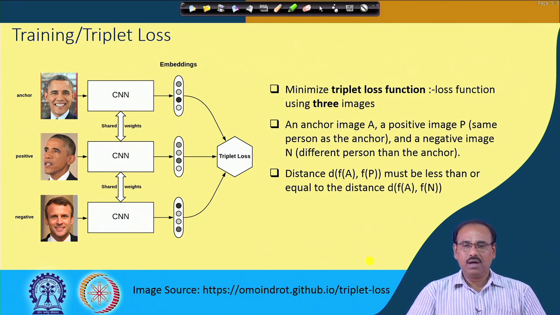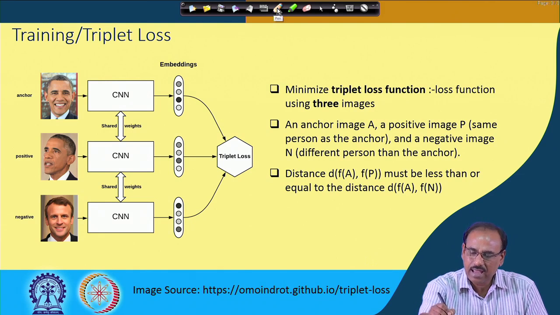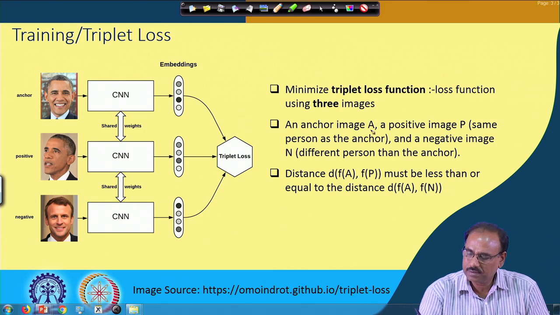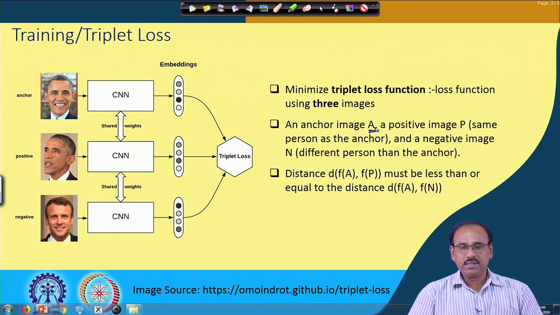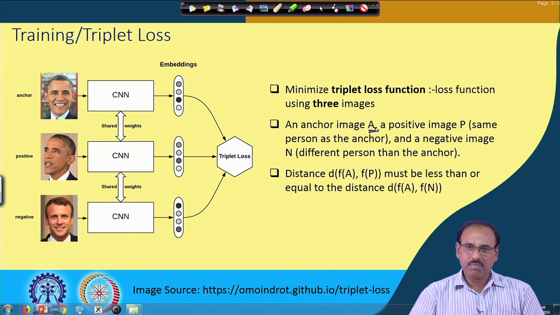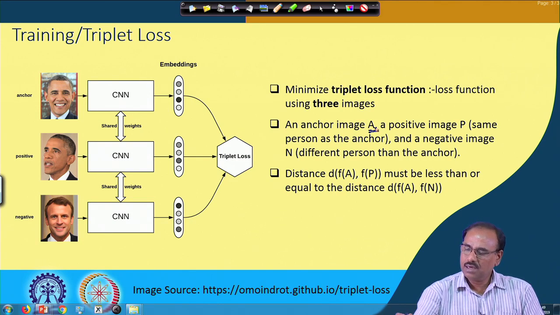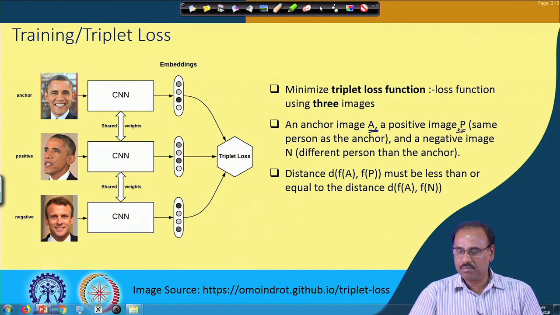In the particular example that I have taken for a small organization, we can ask the employees to give their passport size photographs, and those images can act as anchor images, say A. And I need two more images: another image of the same person, but different from the anchor image, which we call image P, or the positive image, as this is an image of the same person.